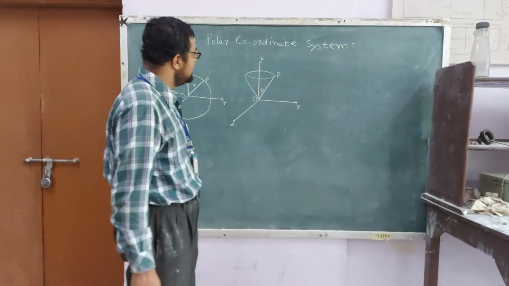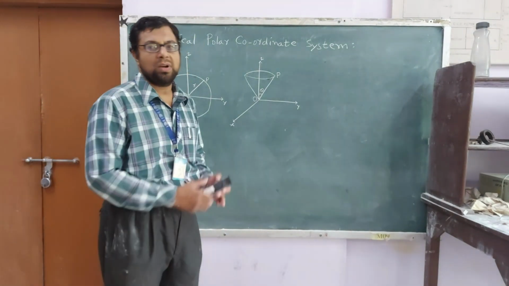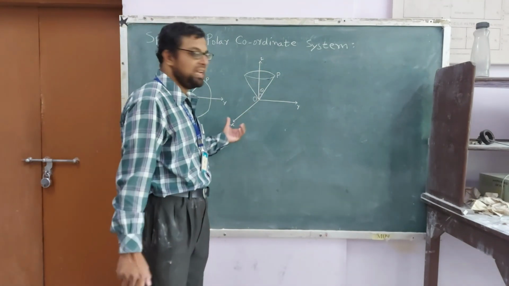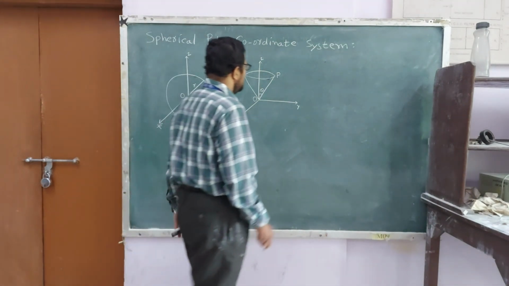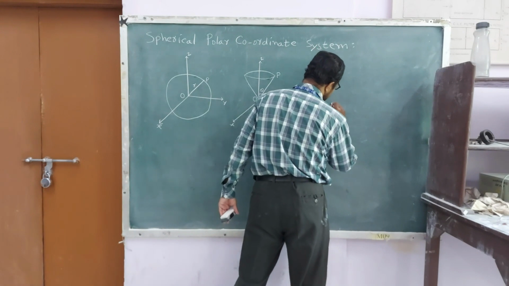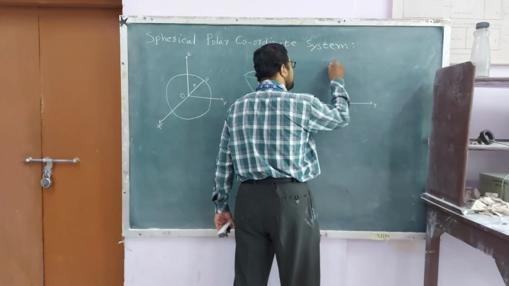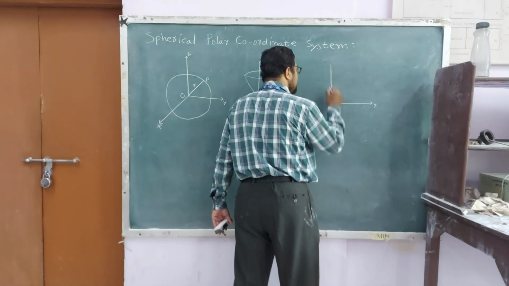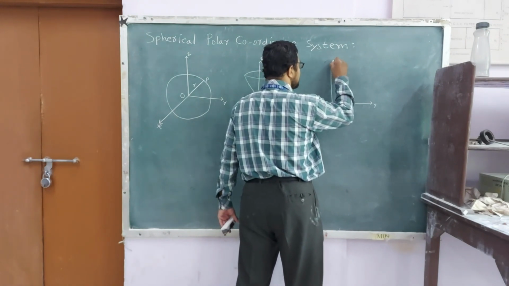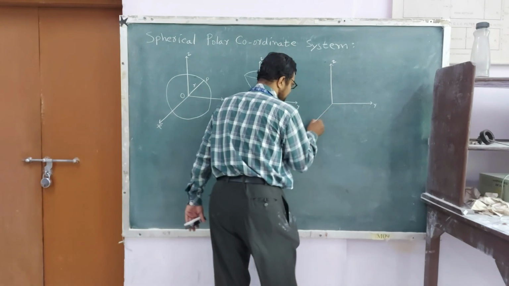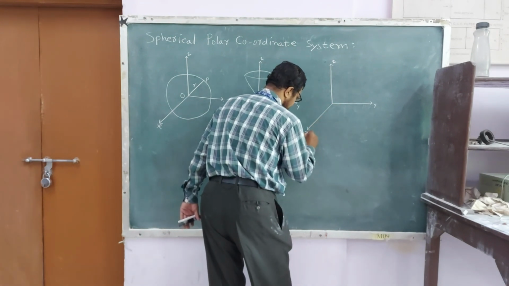Then we have to consider the third coordinate. For that we have to consider a projection on the xy plane. So that I am going to draw it here. This is again our y axis. This is our z axis. And this is our x axis.